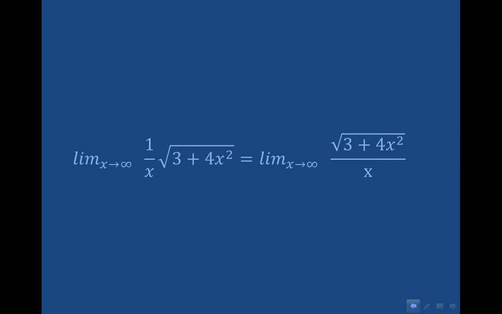The last problem, limit when x tends to infinity of the expression 1 over x multiplied by square root of 3 plus 4x squared. Here we can write this problem in the form of limit when x tends to infinity of square root of 3 plus 4x squared over x. Take care.